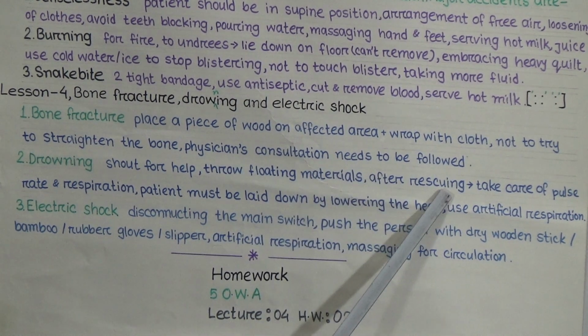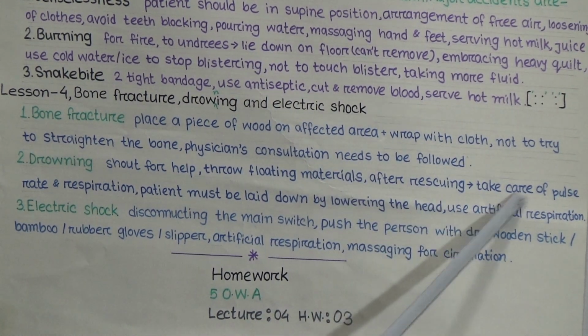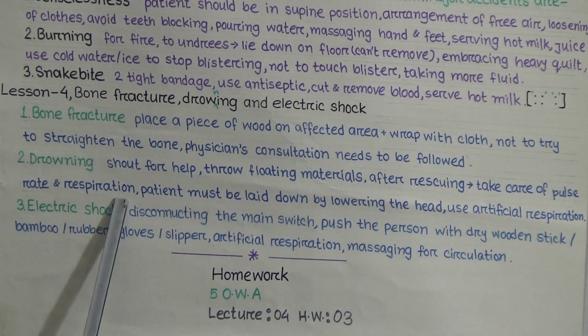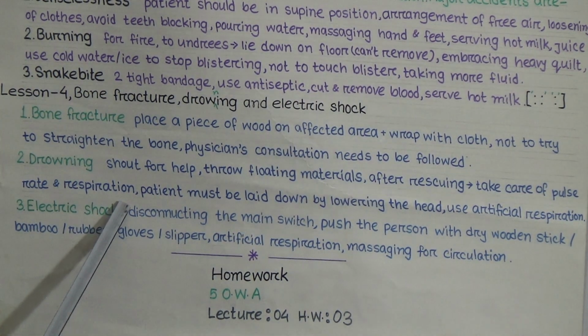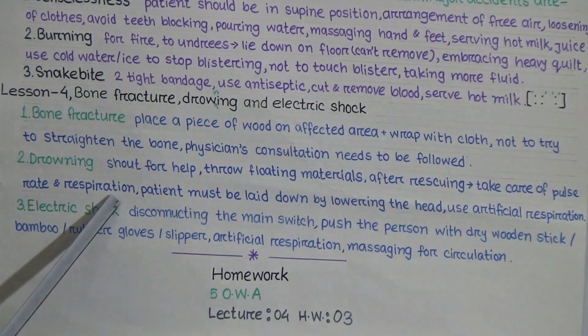After rescuing that person, take care of pulse rate and respiration. If we are able to rescue the person from the water, then we have to take care of his or her pulse rate and respiration.